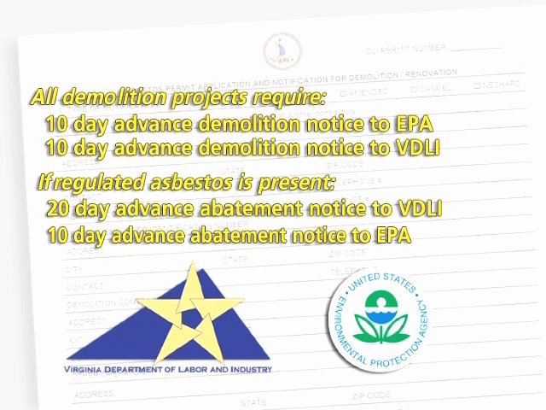These abatement notifications are in addition to the 10-day demolition notification. To avoid confusion and missed deadlines, the locality or sponsor should decide who will be responsible for making these notifications.